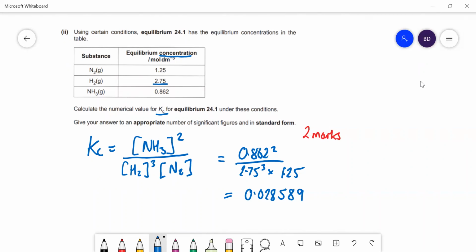Now that's not in standard form, and it's not the correct number of significant figures. It should be to 3 significant figures. So we change that to standard form. We get 2.86, that becomes a 6 of course, multiplied by 10 to the minus 3. It doesn't actually ask us for units, but the units will be mol to the minus 2 dm to the 6.